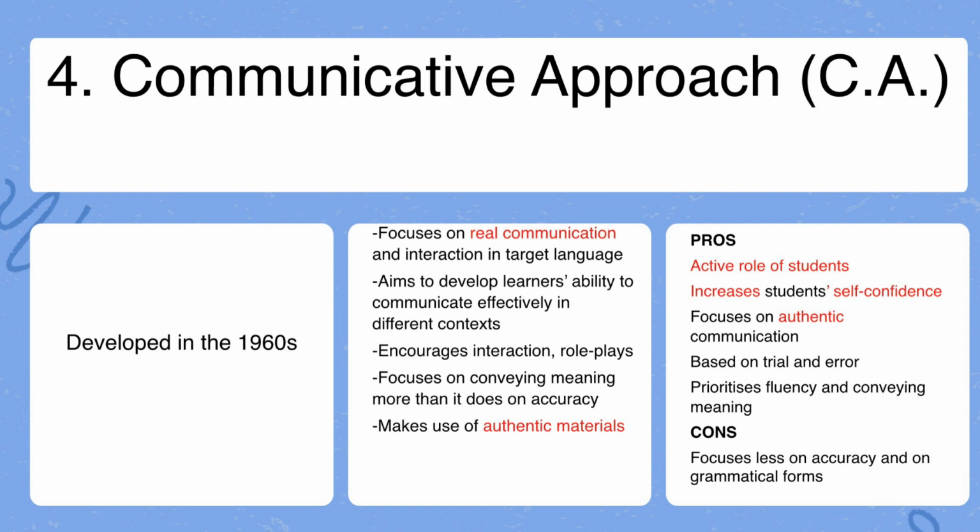It also prioritizes fluency and conveying meaning, but it focuses less on accuracy and on grammatical forms because conveying the message is more important than using accurate grammatical structures and accurate vocabulary.